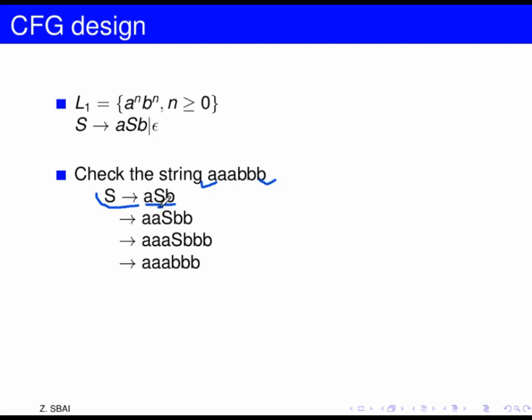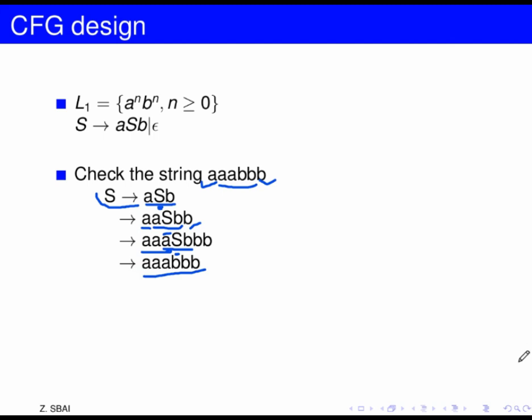For the S here in the middle, it should lead to AA, double B. So we will apply again the rule S derives A S B, while we write also this A and this B. So we'll obtain the string A, S, double B, and the S in the middle again will be substituted by A S B a third time. And since we have 3 A's in the beginning, we can say that this S will be changed by epsilon, and we obtain the string AAA BBB.